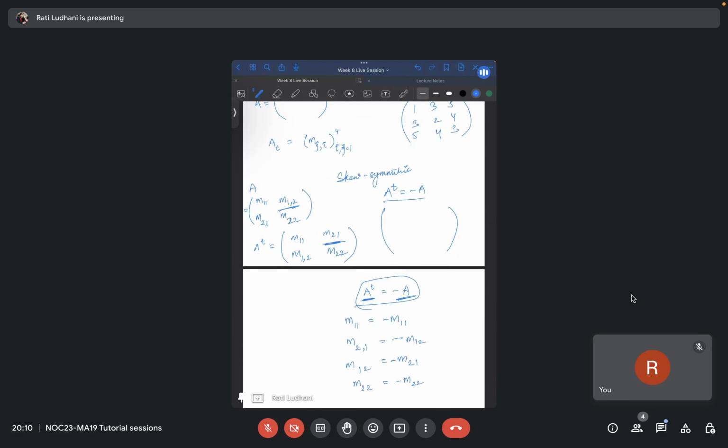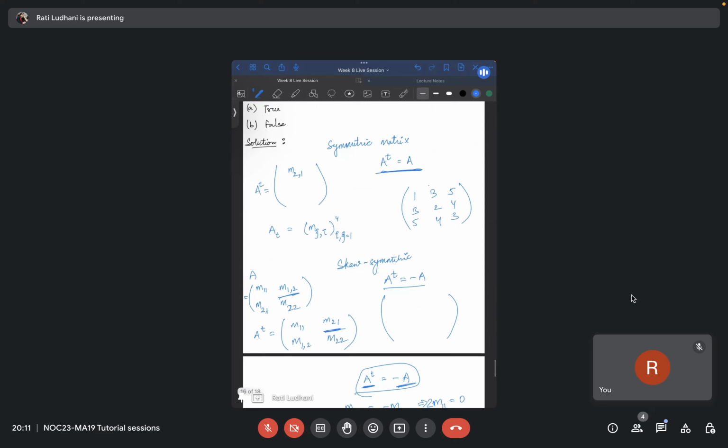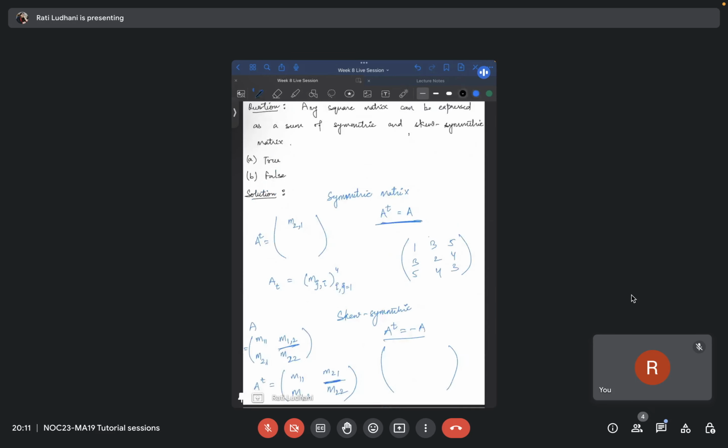As you can see, if you take it to the right side, this is 2M11, and this has to be 0. If you know fields, you can say that the entries are integers, not a field of characteristic 2.